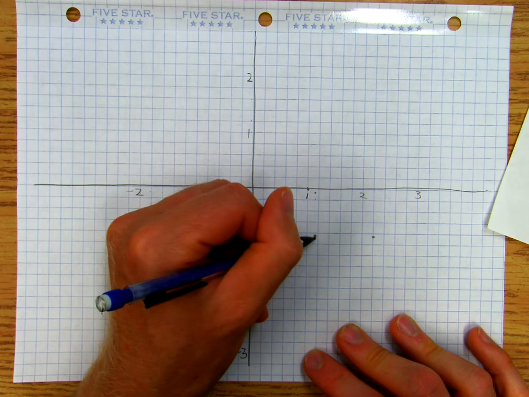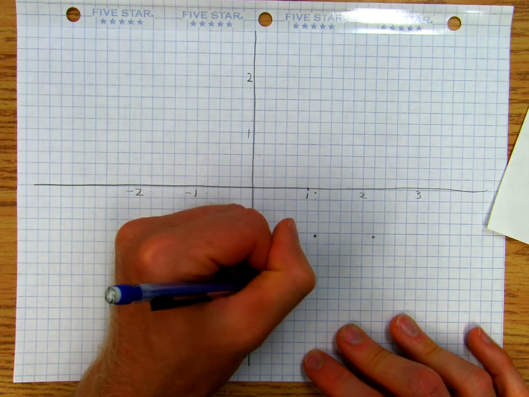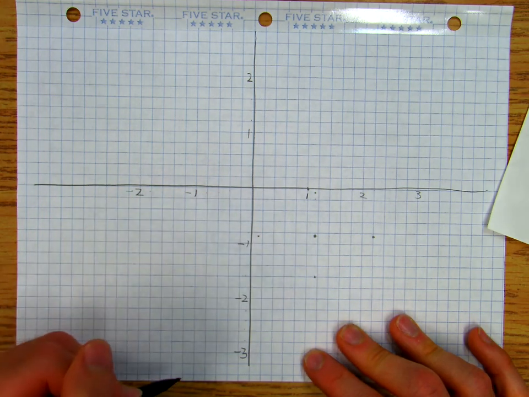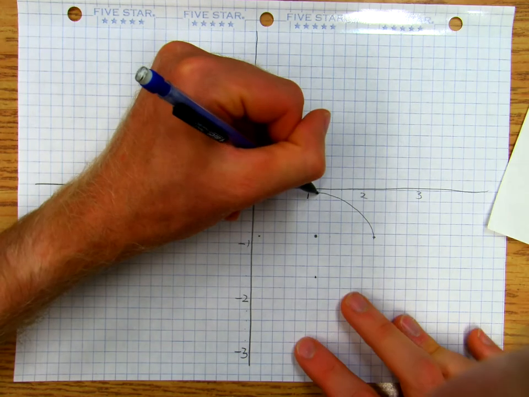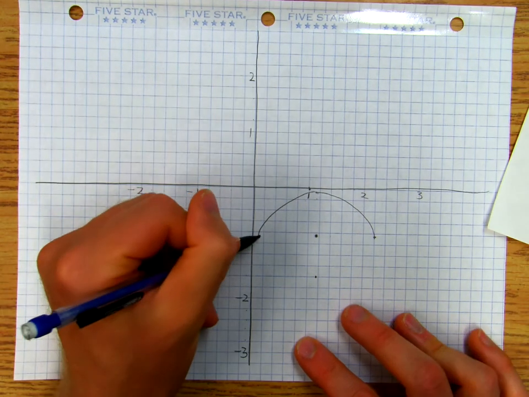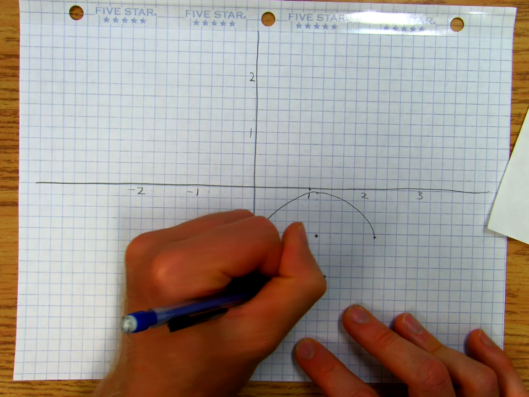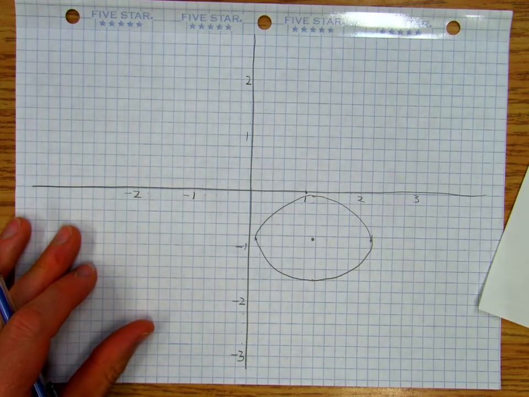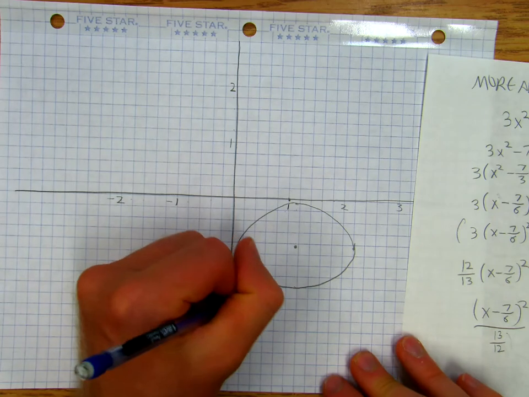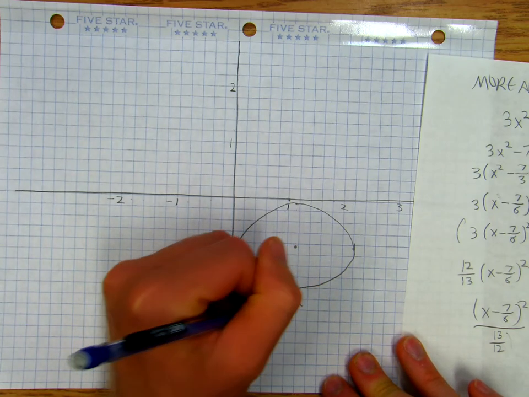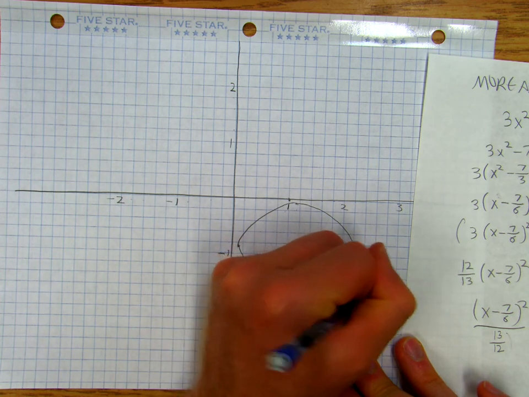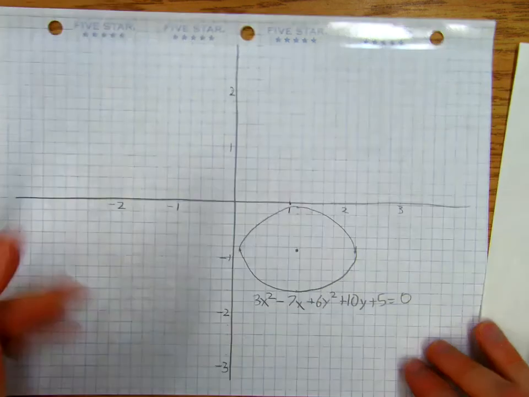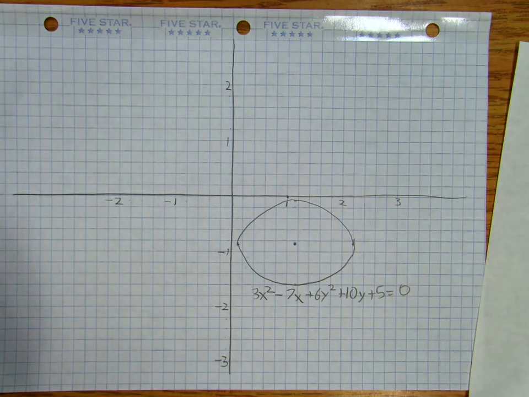And then 0.6, that's probably right about there. And so there's the ellipse, 3x squared minus 7x plus 6y squared plus 10y plus 5 equals 0. There's the graph of that, and you can check it out on your own graphing calculator program.